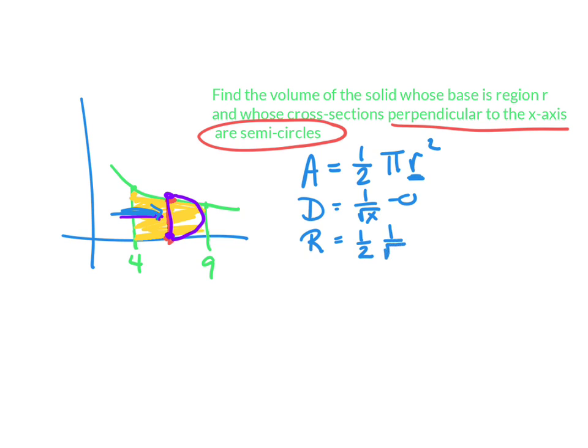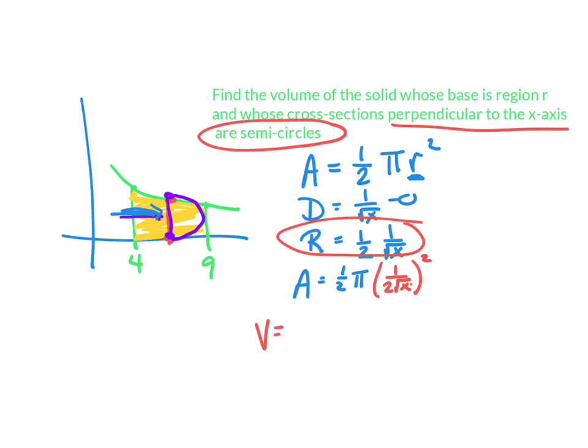So 1/2, 1 over radical x. My area then is 1/2 pi. Now whatever I put for radius, I have to square. So I'm going to say that's 1 over 2 radical x squared. Okay, so notice I'm taking whatever I put for radius in parentheses and squaring it.